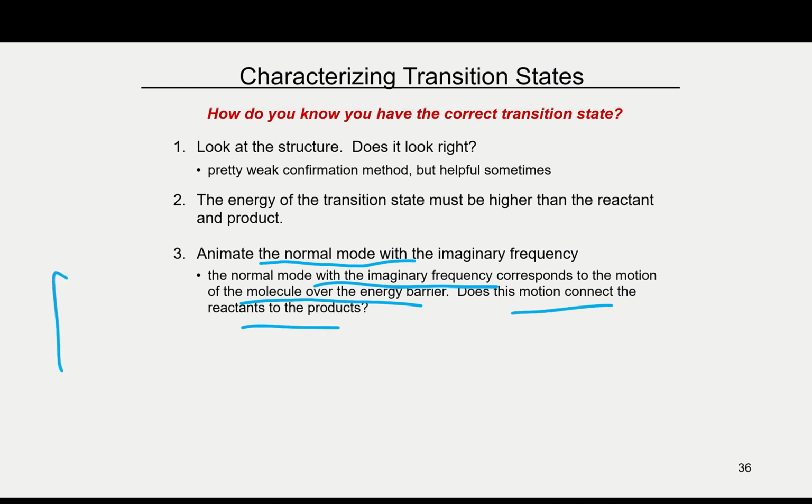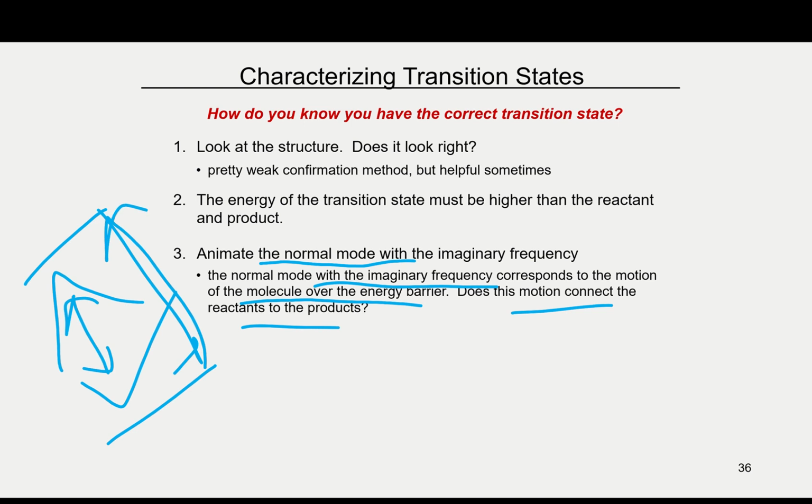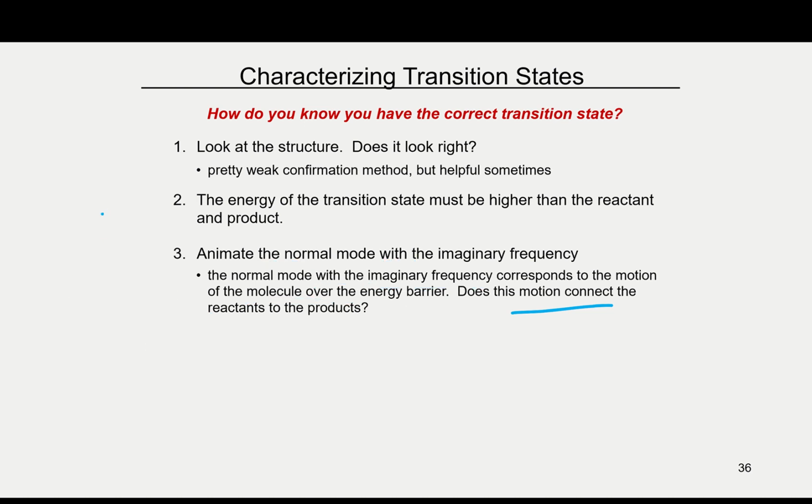You should animate, and it will move to and fro, and you should know whether it goes from here to here or here to here. It means that animating the normal mode with the imaginary frequency gives you the motion of the molecule over this energy barrier, and it connects these two. The motion connects the reactants and products. If it connects them, it means this is the transition state. That is how you can characterize the transition state.